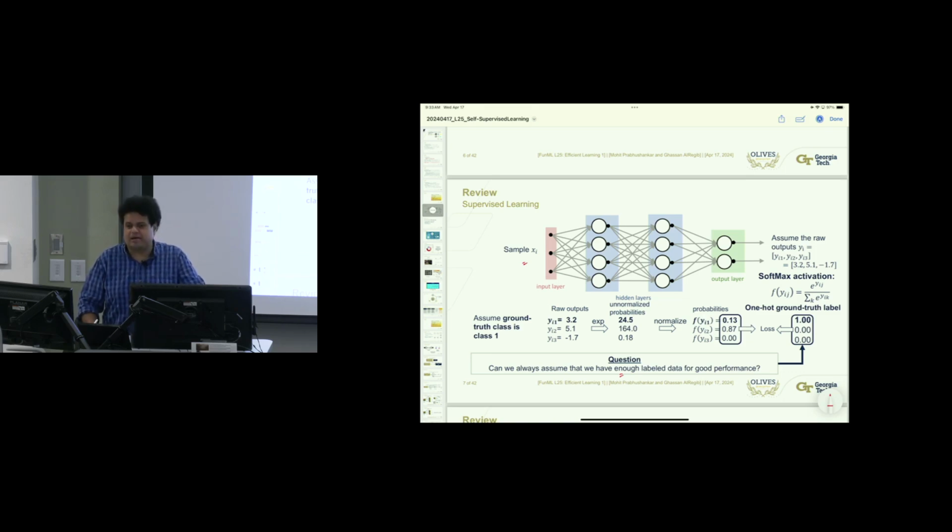But if you look at something like the ImageNet dataset, the entire dataset has about 1 million images with about 1,000 class categories. So assuming that it's balanced, that means that there's going to be at least 1,000 images per category, while you only have access to about 400 per class and sometimes even less based on the annotation masks themselves, based on the quality control part. So it's not always easy to obtain these kind of labeled data for good performance.